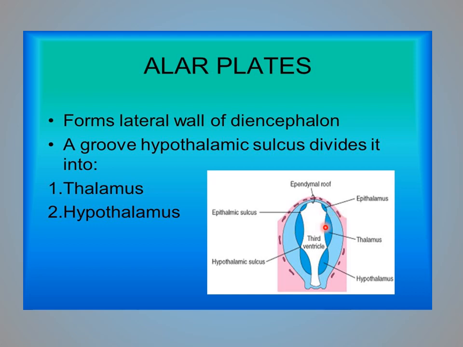The second swelling, which will give rise to the thalamus, is separated from the lower or caudal swelling, the hypothalamus, by the hypothalamic sulcus. Now this hypothalamic sulcus is not like the sulcus limitans, and it does not separate the alar and the basal plates. So these three swellings are formed from the alar plates: the epithalamus, the thalamus, and the hypothalamus.